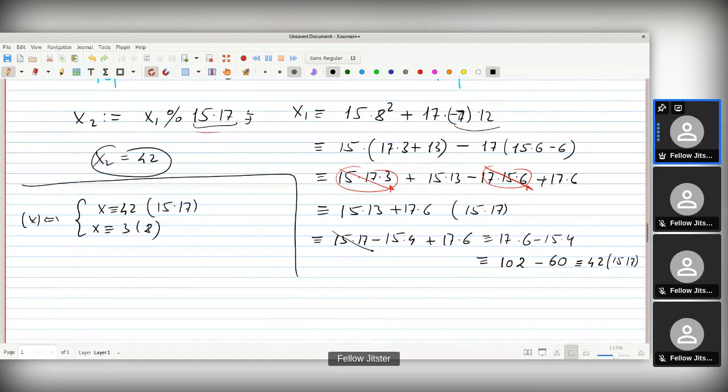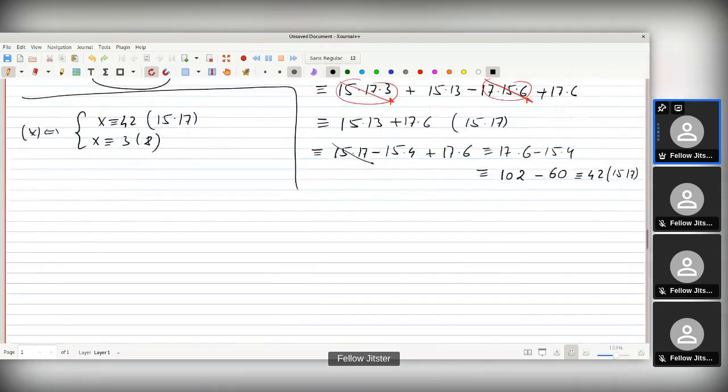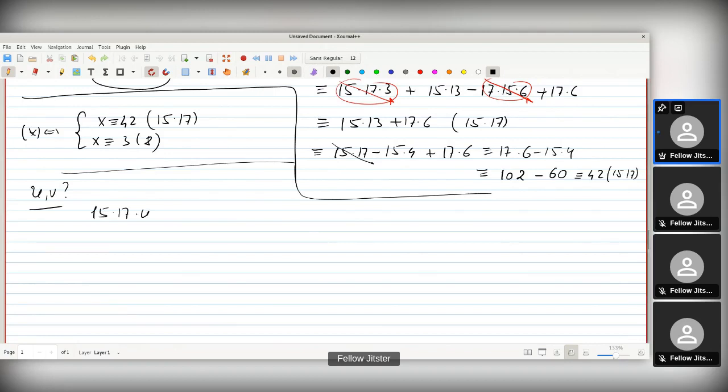The same idea with crossing, but still I need to find two coefficients, u and v, such that 15 multiplied by 17 multiplied by u plus 8 multiplied by v equals 1. Okay, how is it possible? Can I guess it? Can you guess it? Is it that hard?